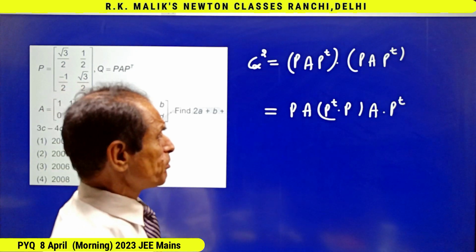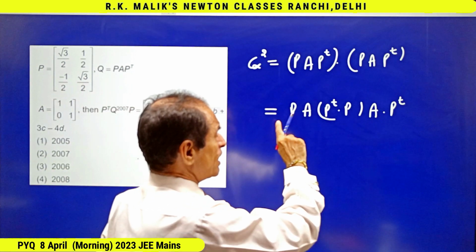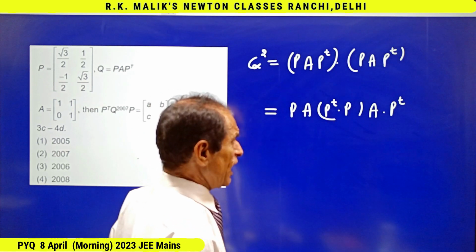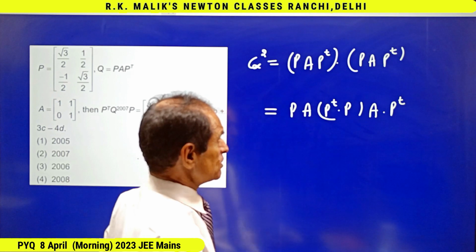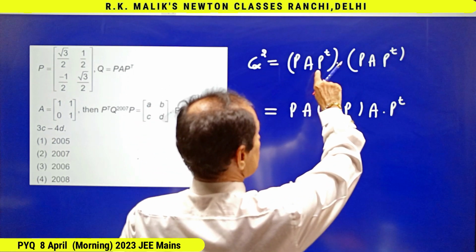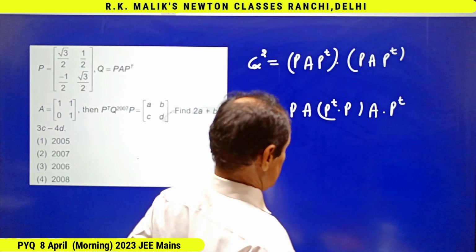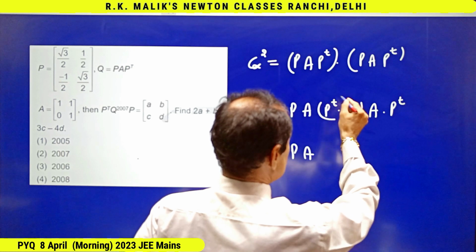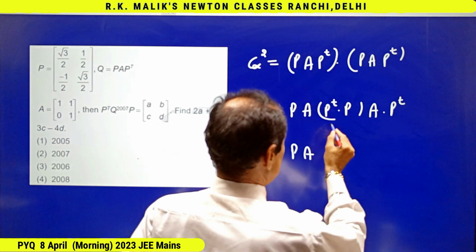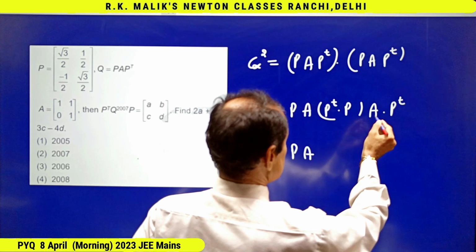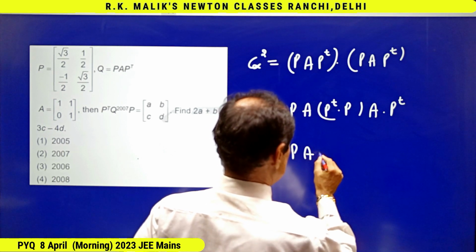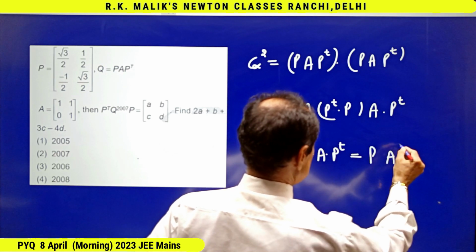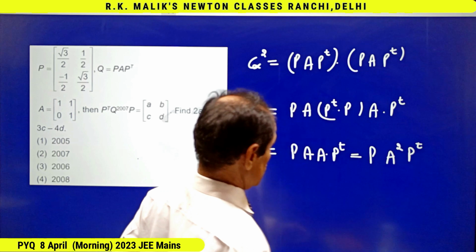The associative property says that, provided I keep the order of terms the same, you can multiply any two terms first. I'm multiplying P transpose into P first. This is equal to P A, and because it will be an identity matrix, and identity matrix into any matrix is the same, I will get P A into P transpose. That is, I will be getting P A square P transpose.